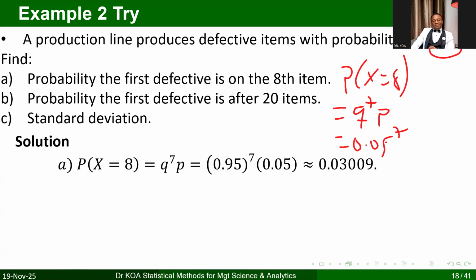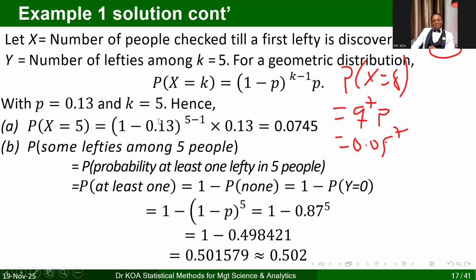Yeah, so Doc, when we are checking for P equal to 0, I think it's going to be raised to the power 0. Which one? The P, in this case. So the previous question that we were looking at, please, if you could go back. Okay, the one before, example 1.